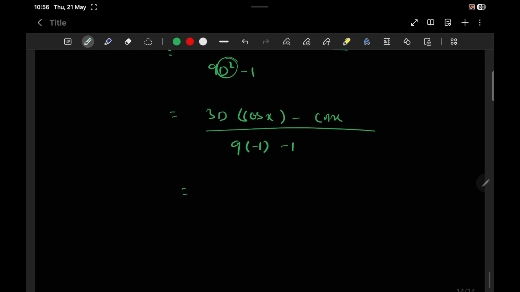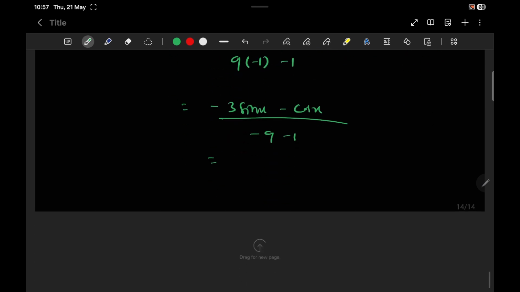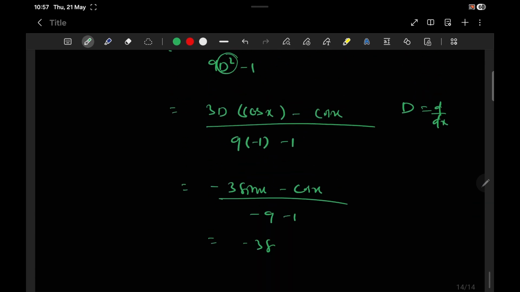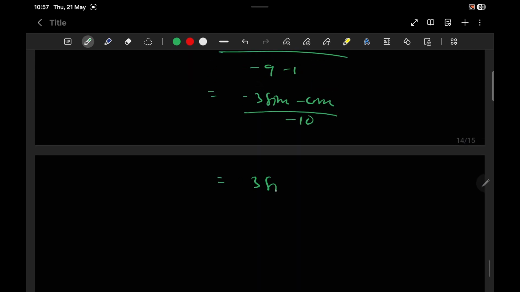So we know that d is derivative, d by dx, so derivative of cos x is minus sin x, so minus 3 sin x minus cos x divided by minus 9 minus 1, so minus 3 sin x minus cos x divided by minus 10, which is 3 sin x plus cos x divided by 10.